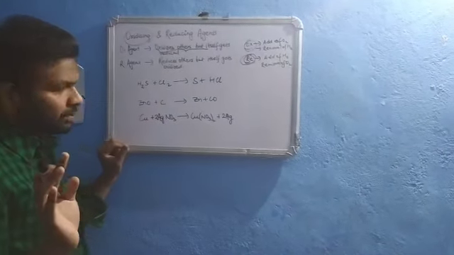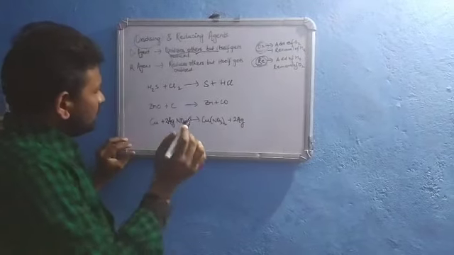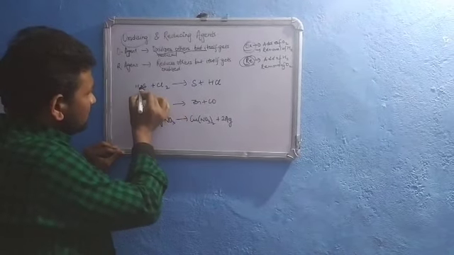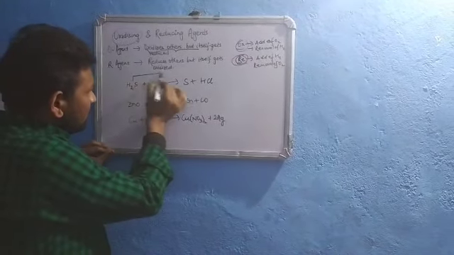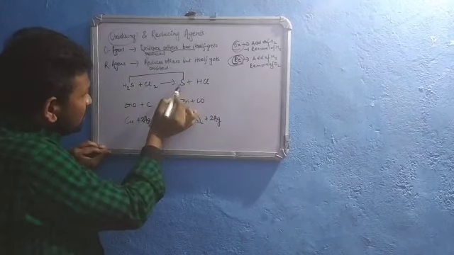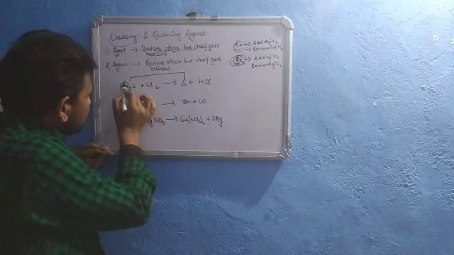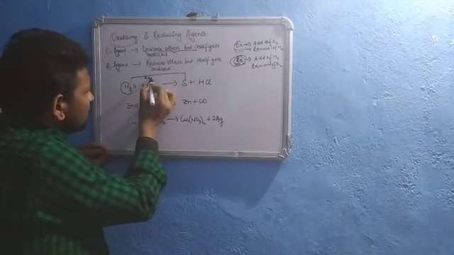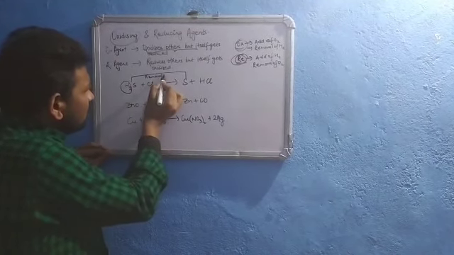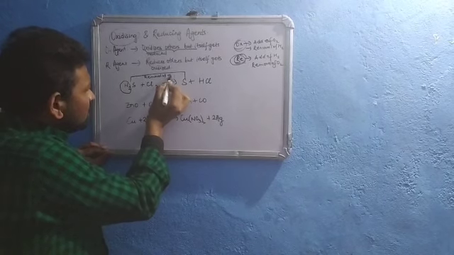I have written a few examples. This will be clear from here. Just see, first example. Here in this case you can see what is happening. Hydrogen is being removed. You have H2S, and here we have S only. Hydrogen is being removed, so we are having removal of hydrogen.